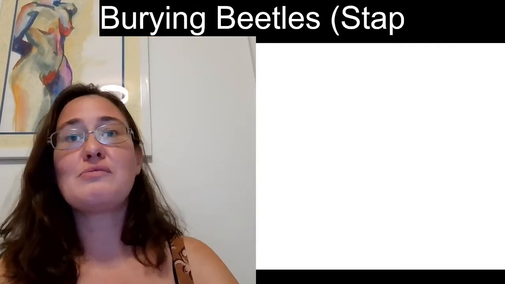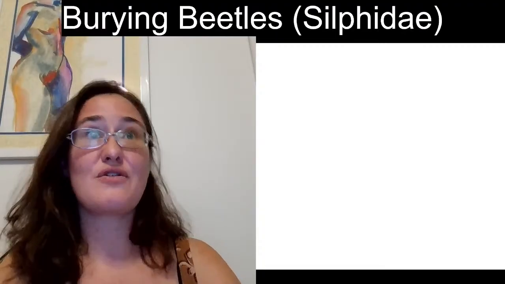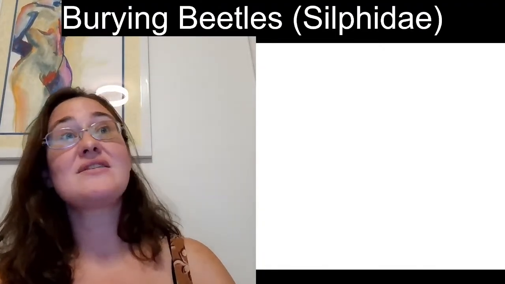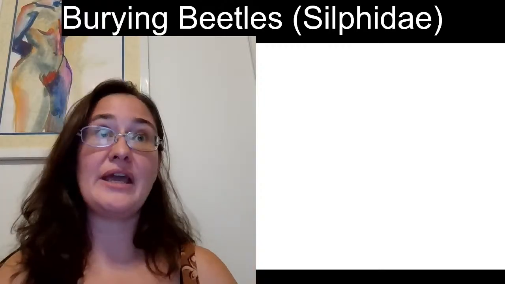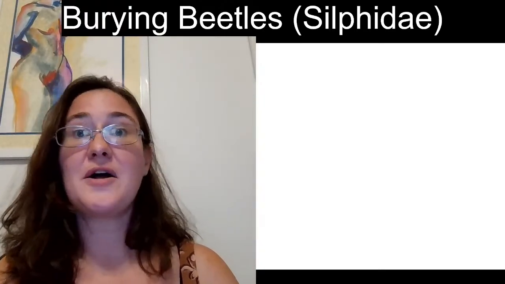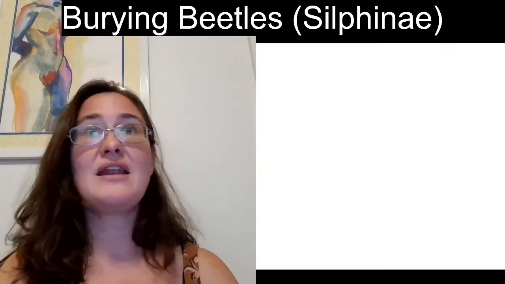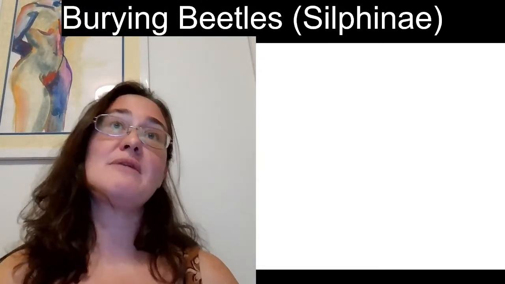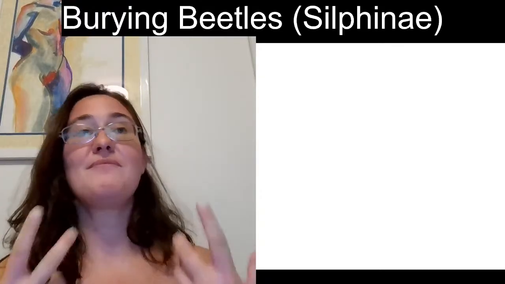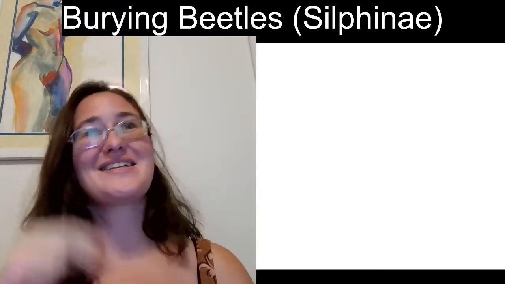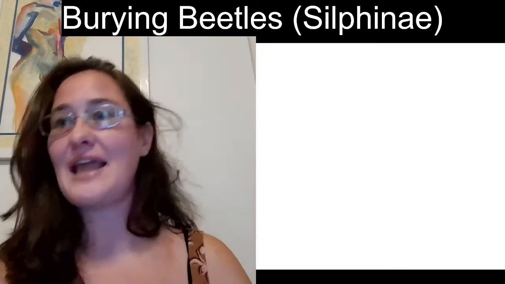You remembered Silphidae as their family name, but because they became a subfamily of another group, we just took the D and turned it into an N, and now we can say that burying beetles are in the subfamily Silphinae. That's how that works, because subfamilies always end in INAE and families always end in IDAE.